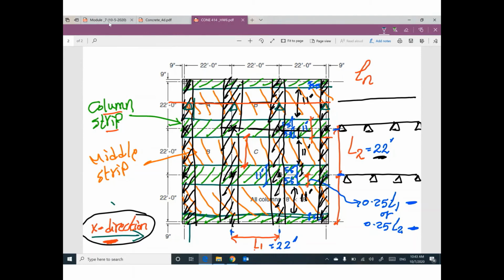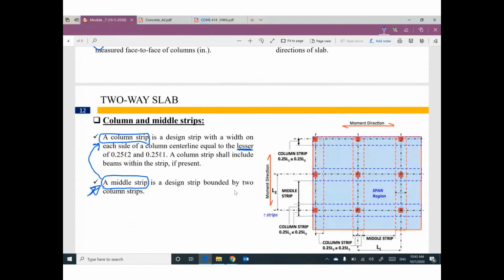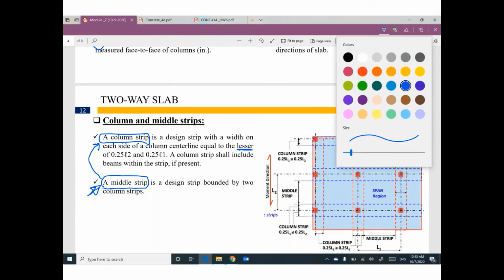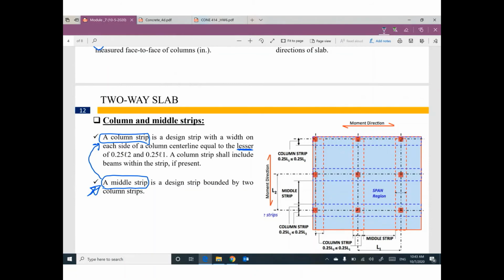So guys, I need to divide my plan into column strip and middle strip in both directions, in X direction and Y direction. And make sure you can understand this point. It's very important. You cannot find many places to understand this concept.